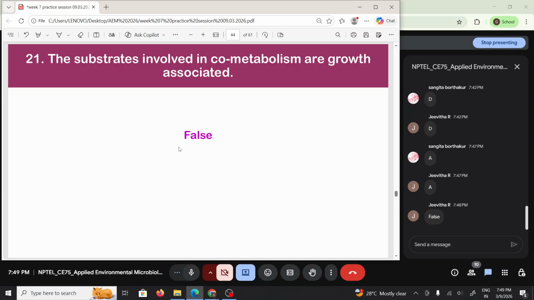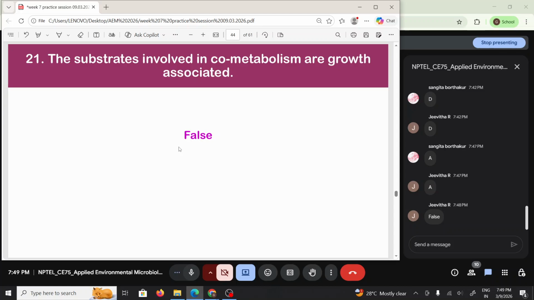Obviously, it is false. So, co-metabolism is a concept wherein two substrates are present and both of them are utilized by the microorganism, in which one of the substrates is growth associated while the other substrate is non-growth associated. So that is called co-metabolism.